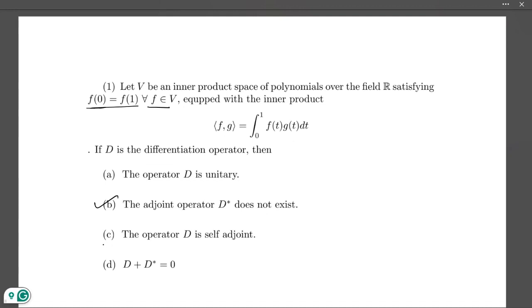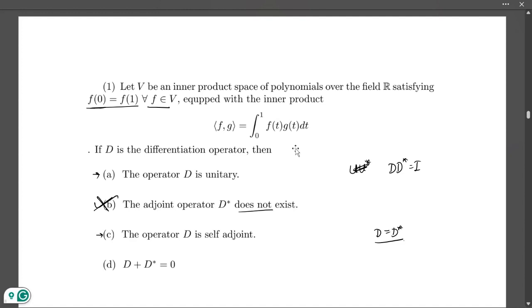The option said it does not exist. This is incorrect. Adjoint exists. Now we have to check if it is self-adjoint or unitary. For unitary, you should check D star is equal to identity, and for self-adjoint you want to check D is equal to D star.